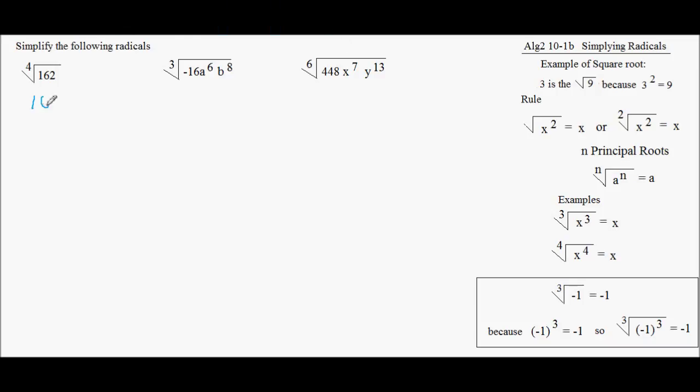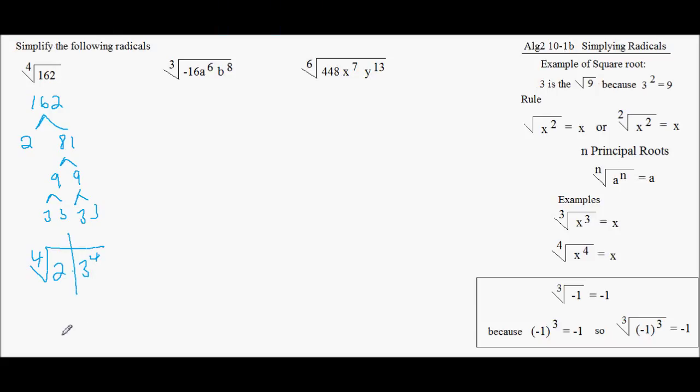I'm going to take 162 and factor it. I get 2 and 81, and 81 is 9 times 9, so I get 3, 3, 3, and 3. So I get the fourth root of 2 times 3 to the fourth power.